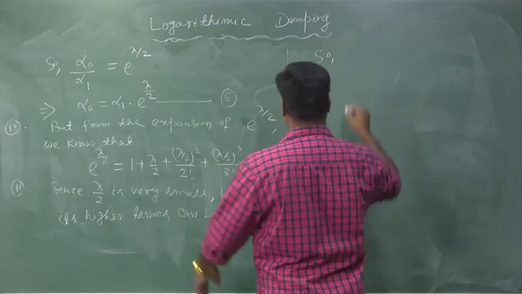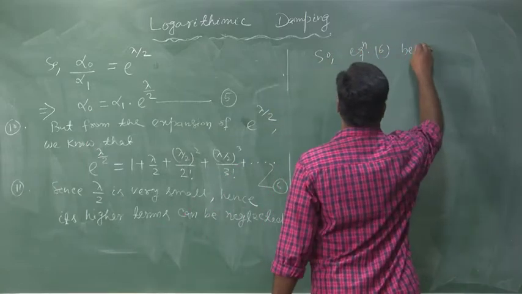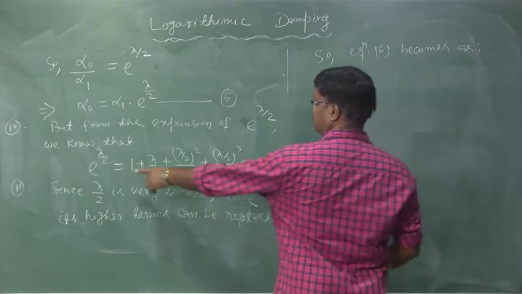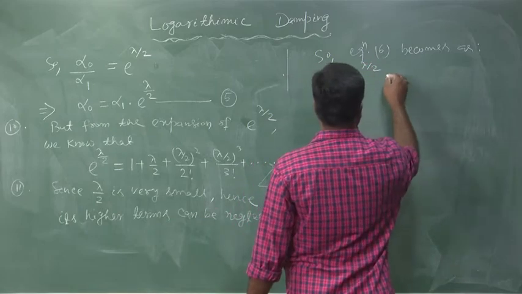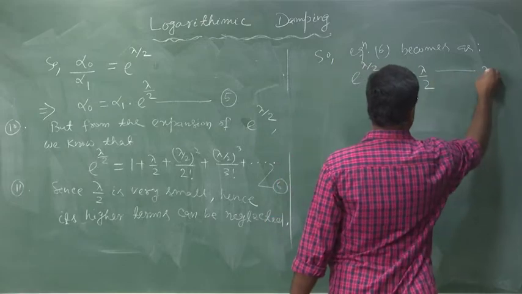So, equation 6 becomes e to the power lambda by 2 is equal to 1 plus lambda by 2.